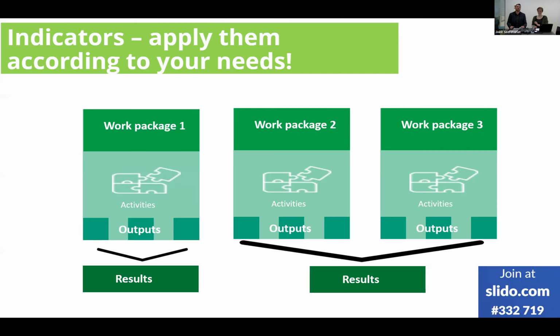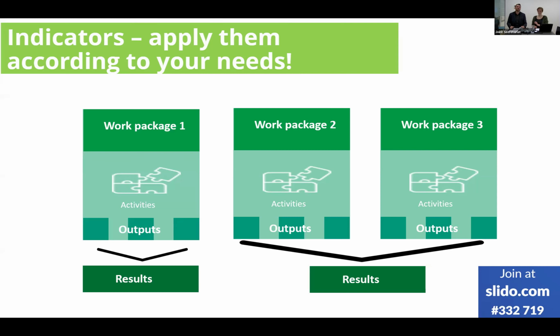The first work package produces an output measured by one output indicator, going in the direction of the results measured by the connected result indicator. The other two work packages in this example will contribute to the same output indicator and the same result indicator. For example, two different types of pilots implemented in those two work packages.